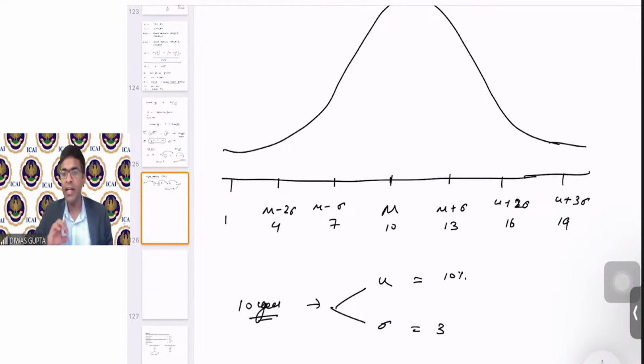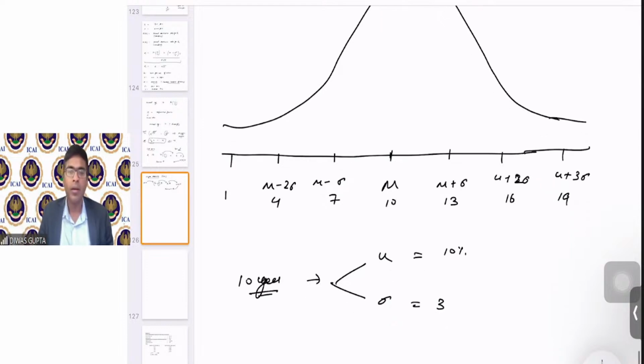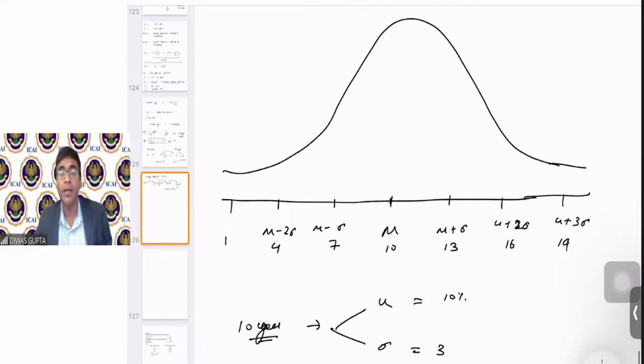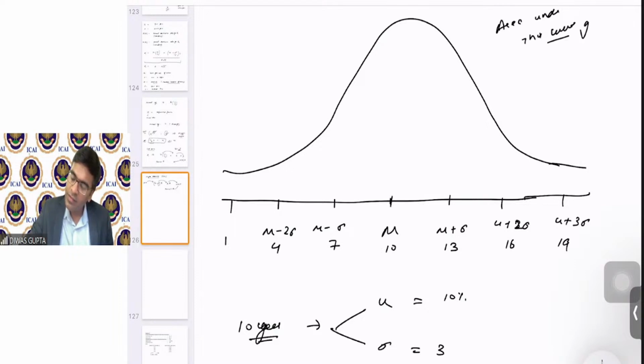So it is plotted here. As I told you, in the normal distribution we input the mean as well as the standard deviation to arrive at the probability. The area under this curve gives us probability.